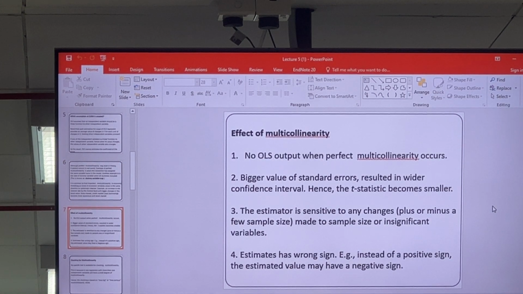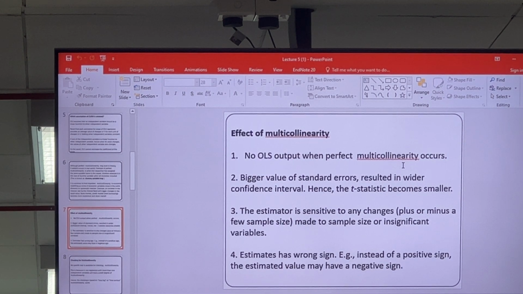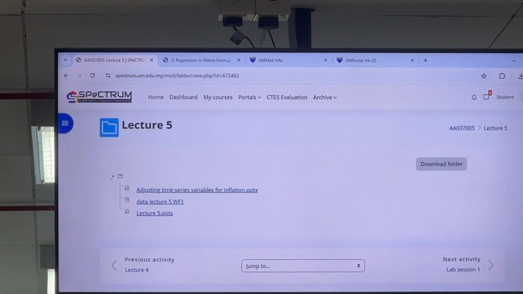So there are a number of effects of multicollinearity. Whenever we have perfect multicollinearity, we are not able to get estimates of the regression. Later we will do an example. Maybe we can take an example now, the example that we are going to use for this lecture.